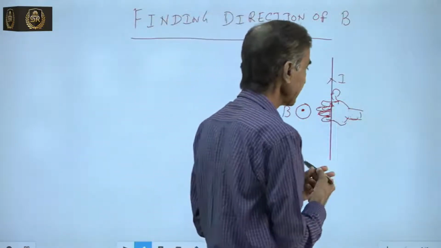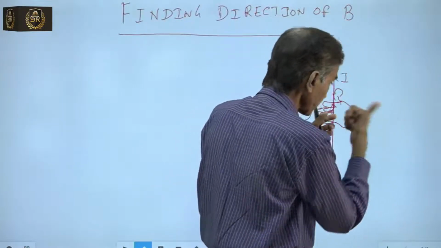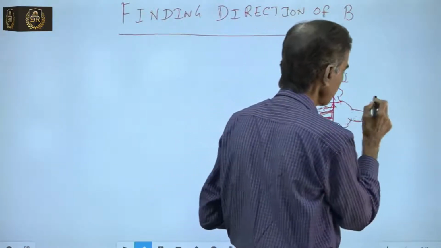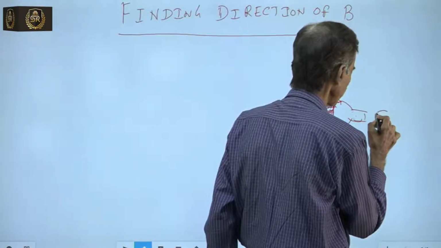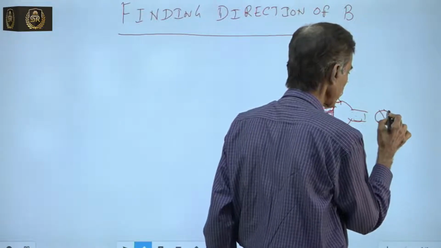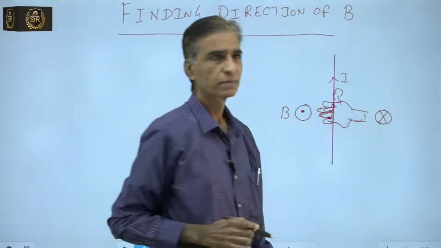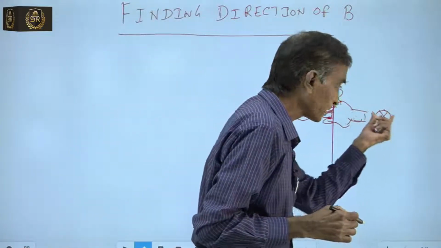Now you come to this side. See, the field is going into the plane. Means when we come to the right side, the field will be into the board. Then we put a cross like this. That indicates the field is into the plane of the board.